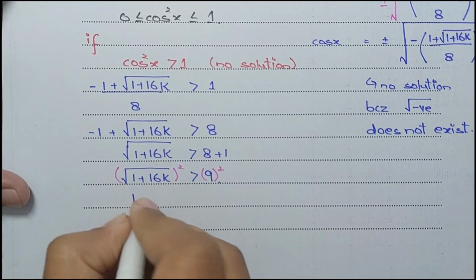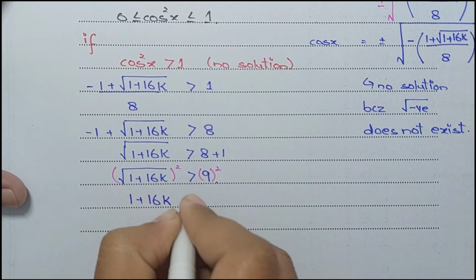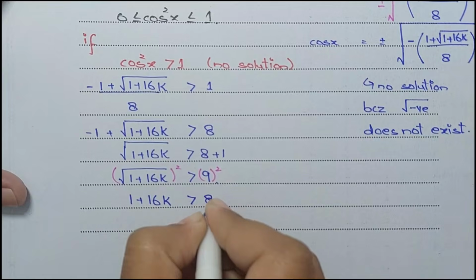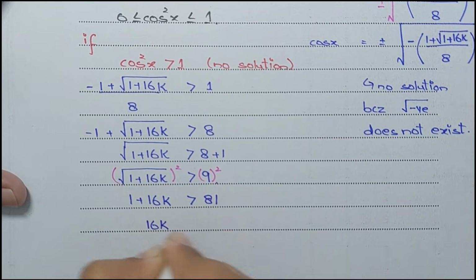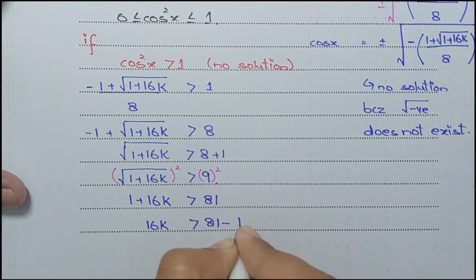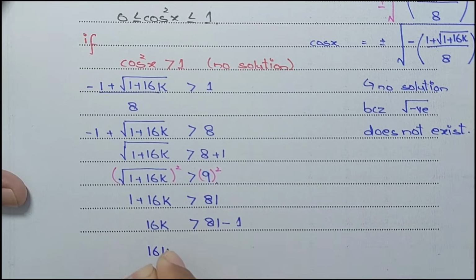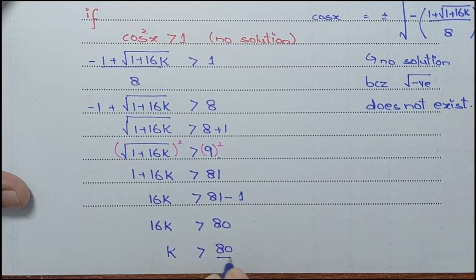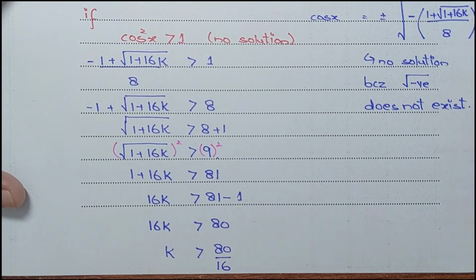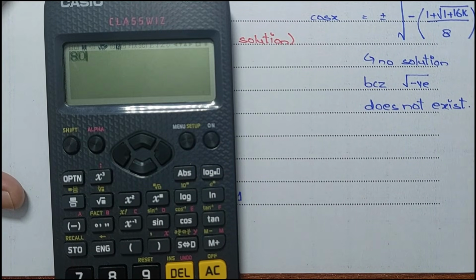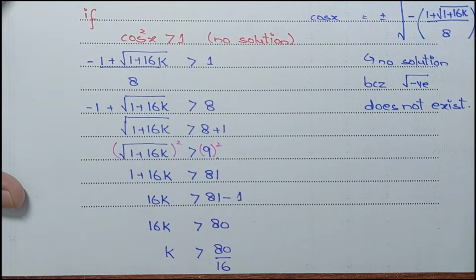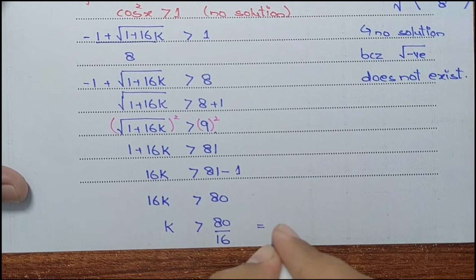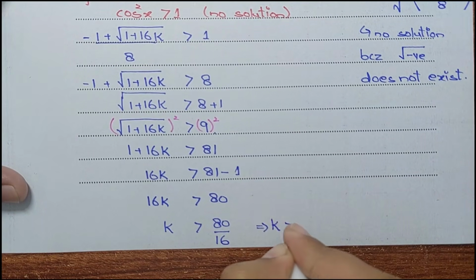Okay, 1 plus 16k is greater than 9 times 9 is 81. 16k is greater than 81, take away 1. 16k is greater than 80, right? And what is k? K is greater than 80 over 16. 80 divided by 16, it's 5.